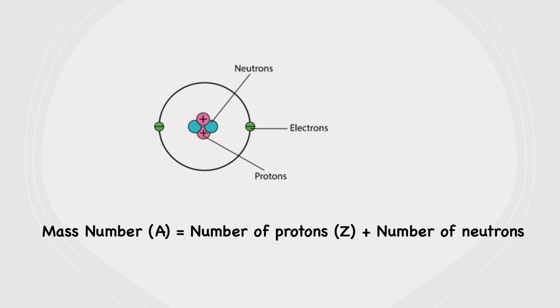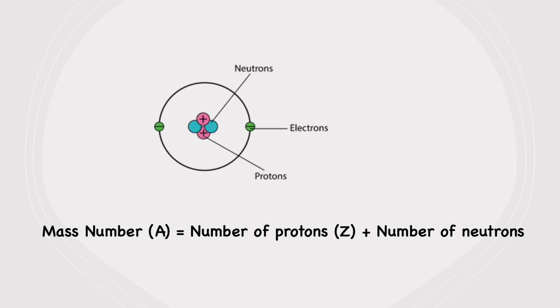Scientists identified another figure which can be used to describe the atom. It is the mass number. Mass number is an indication about the nucleus. It gives the total number of protons and neutrons in the nucleus of an atom.